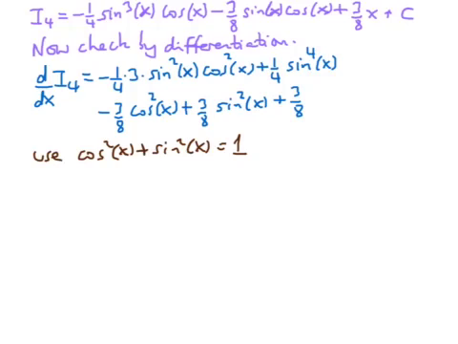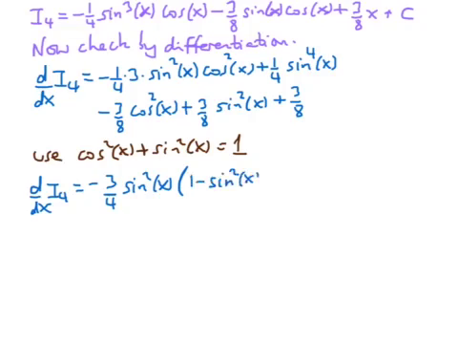So let's now go back to this equation, and what we have is that d by dx of I4 is equal to minus 3/4 sine squared x, and then I'm going to write this cos squared x as brackets 1 minus sine squared x.